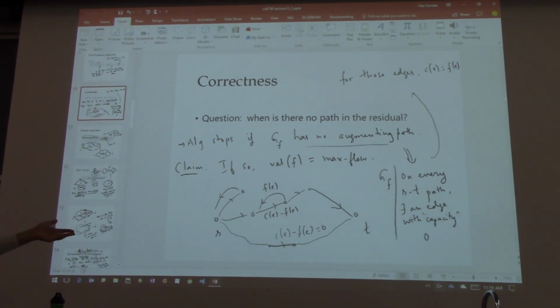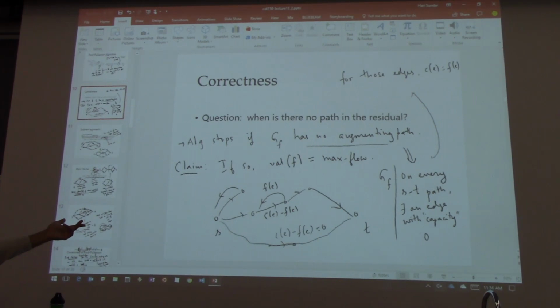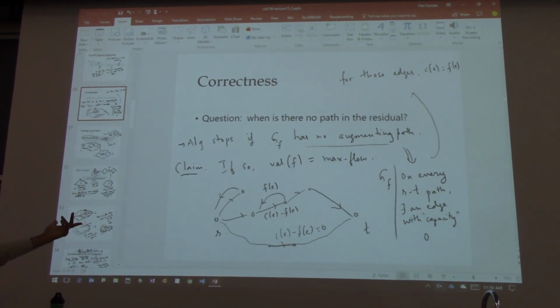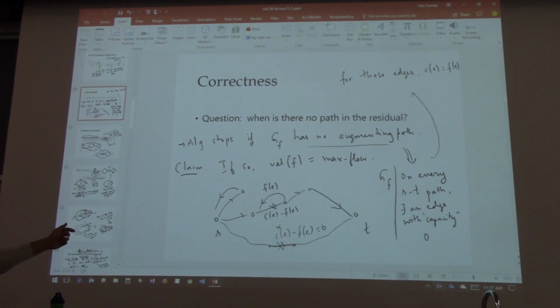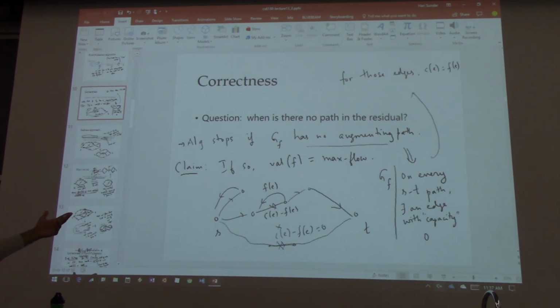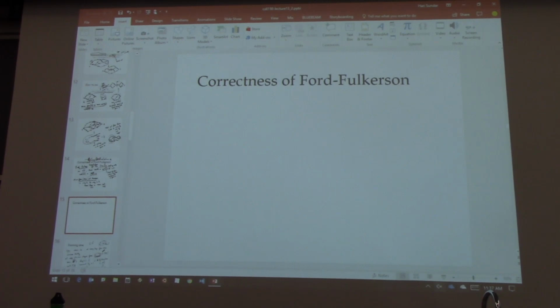So this was the residual graph. I just had capacity C of E minus F of E. Now, let's say I remove all these zero weight edges. Actually let me be more formal. Let's look at S and T. F is the end state for Ford-Fulkerson.